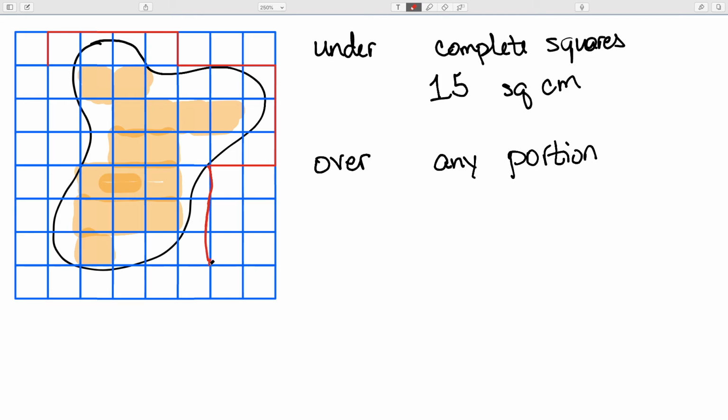And so we go along, and then when we're done, we can count up the number of pieces that this represents. So we get our overestimate of 42 square centimeters.